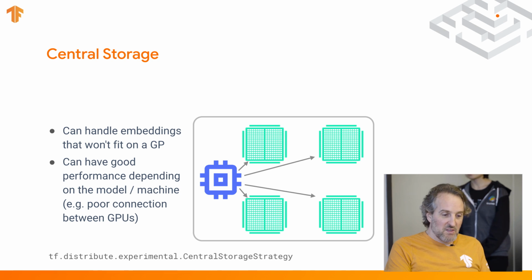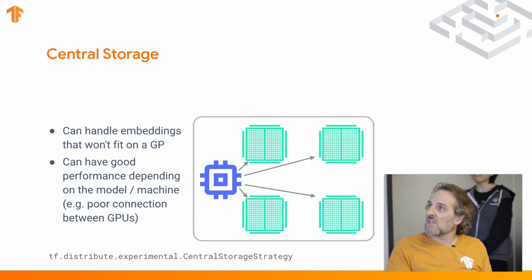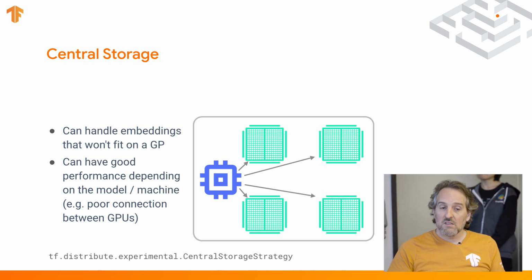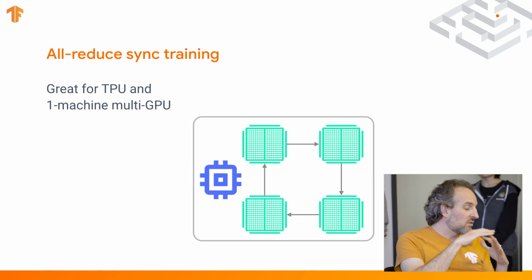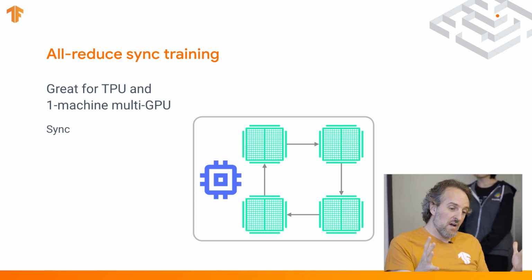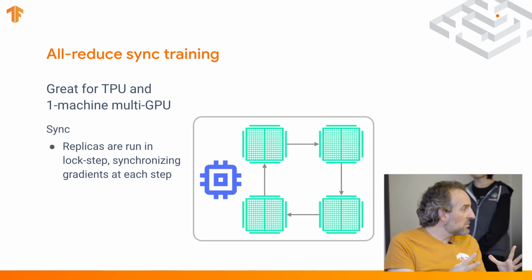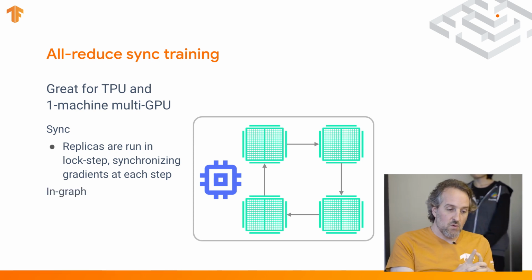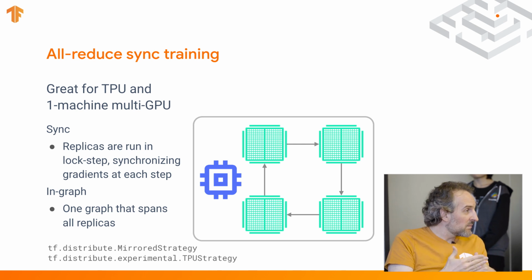Something to experiment with. Probably the thing that is most well known for tf.distribute strategy, though, is all-reduce sync training. This is great when you have quite a lot of reliability and good connection between all of your devices because they're going to be operating basically in lockstep.